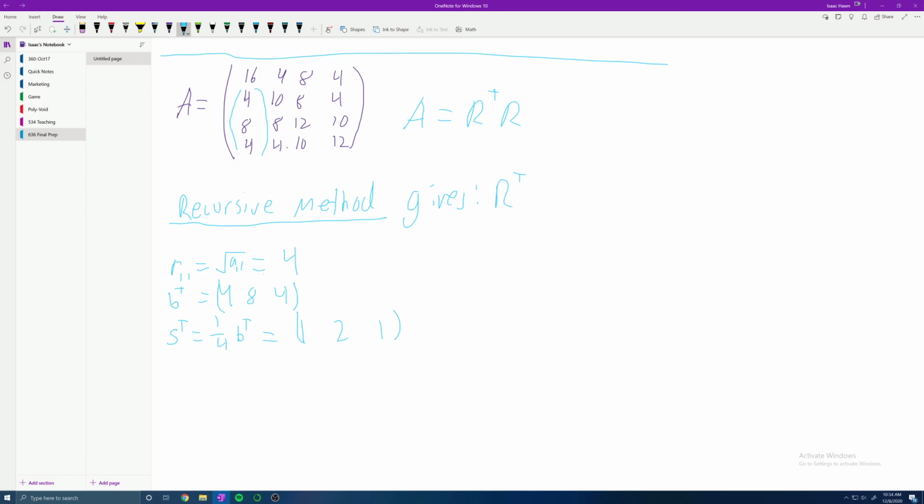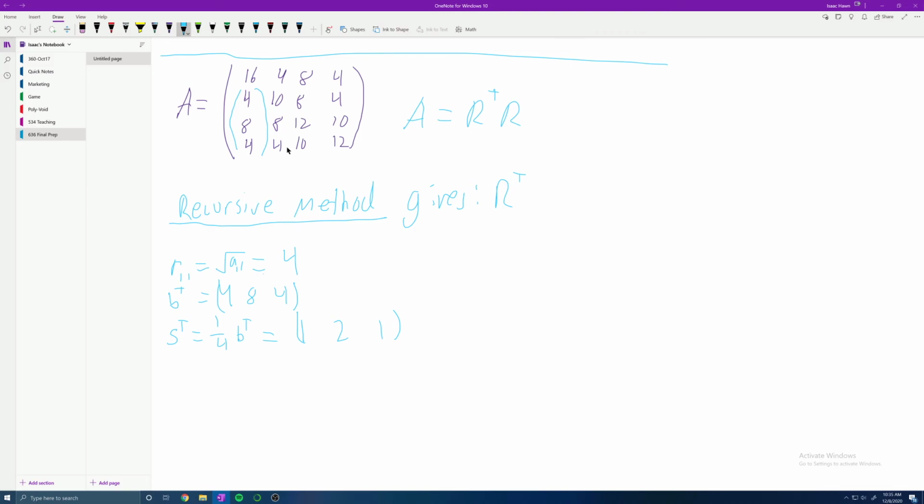And then we need to compute a matrix called A wave, which is an intermediary step. We're basically simplifying A down to smaller and smaller matrices until we get a 1-by-1 matrix and our algorithm is complete.